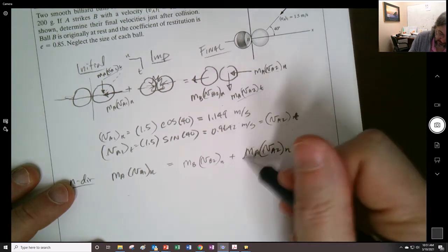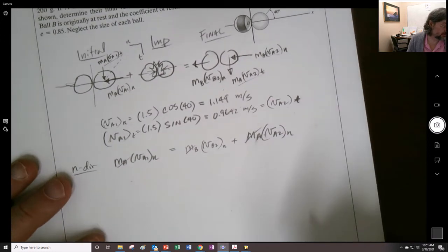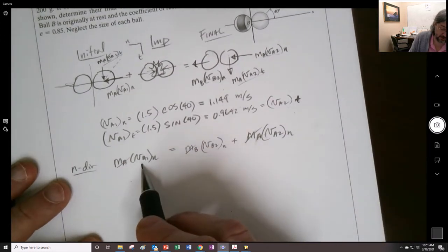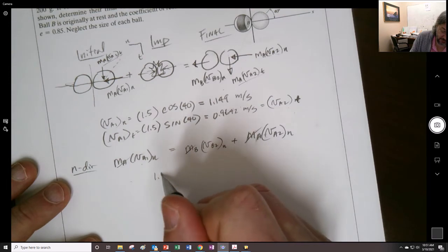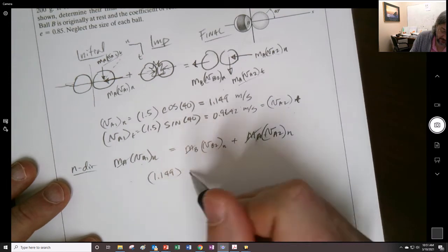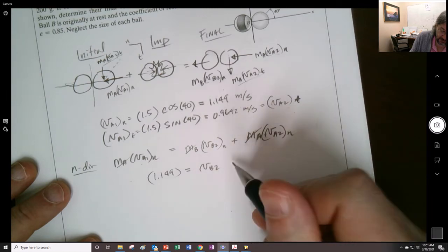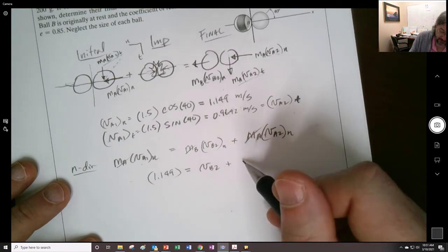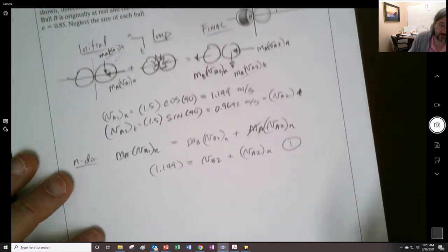All the masses are the same, so we're totally golden right here. And this guy right here, we know this answer, so we're going to put it in as 1.149. It's going to be equal to VB2, I'm dropping the N, plus VA2N. That's my first equation.